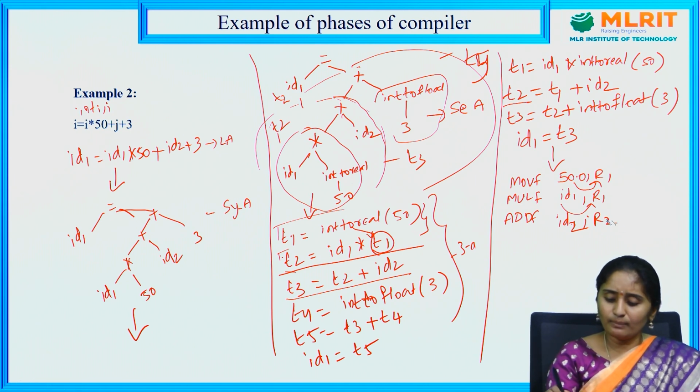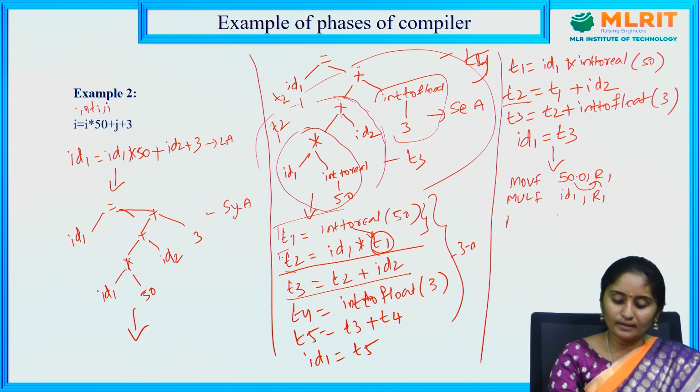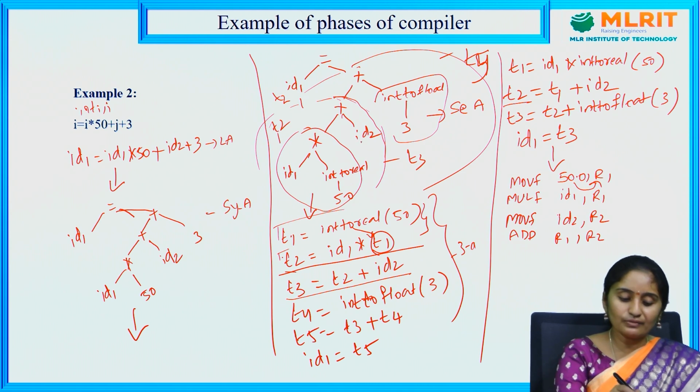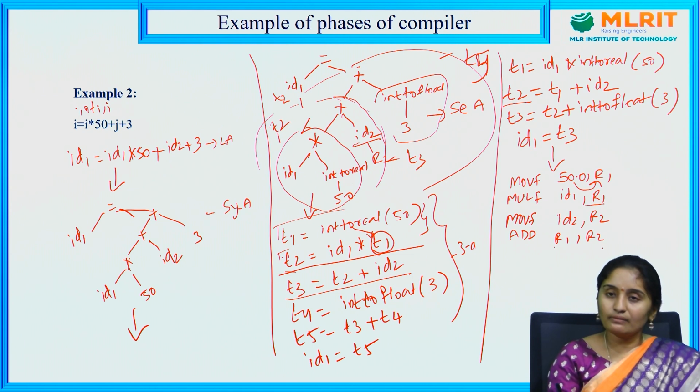Or else we can also write this as: move float value ID2 comma R2, and next add R1 comma R2. First I am moving this to register R2, and then the whole thing stored in R1 and R2 is added, and it stores the result in R2.